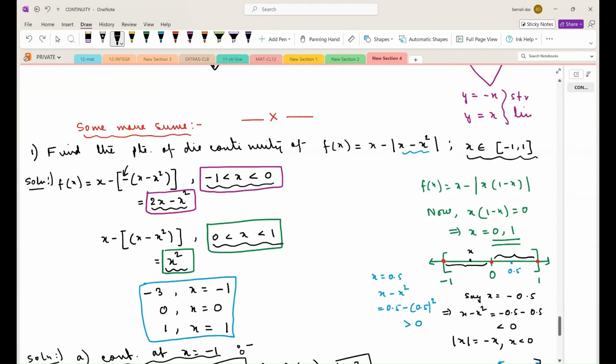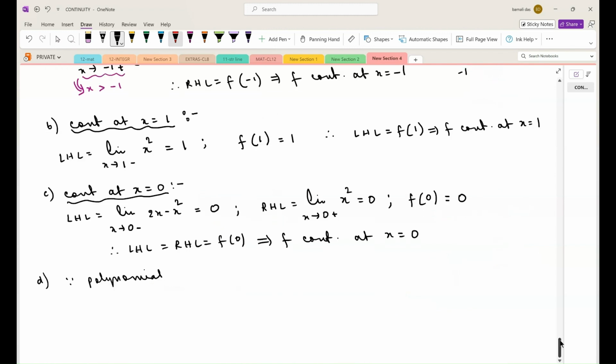This is a polynomial function. This is a polynomial function. And these, of course, are not only polynomial functions, they are a special type of polynomial functions, they are constant functions. So the entire f in this interval minus 1, 1 is polynomial.